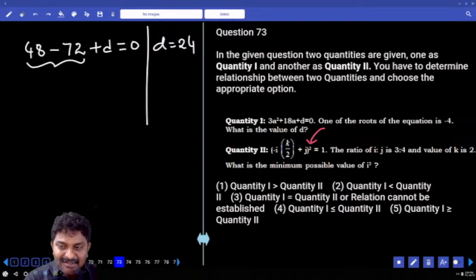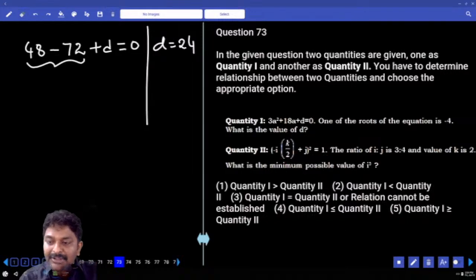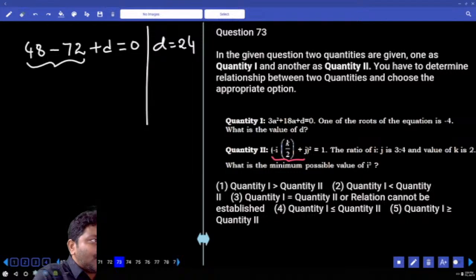Square. Then the number inside the bracket is going to be plus or minus 1 because the exponent is even. Like x square is equal to 1, x is plus or minus 1. Right. So this number inside the bracket is going to be either plus 1 or minus 1. We are going to get two possibilities.